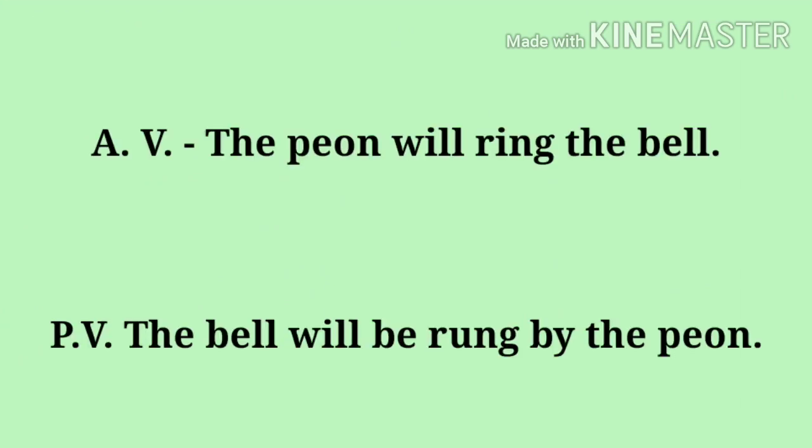Let's see one more example. In active voice, the sentence is the peon will ring the bell. And in passive voice it is the bell will be rung by the peon. So here we see the verb will ring changes into will be rung in the passive voice, and the subject and object interchange their places.